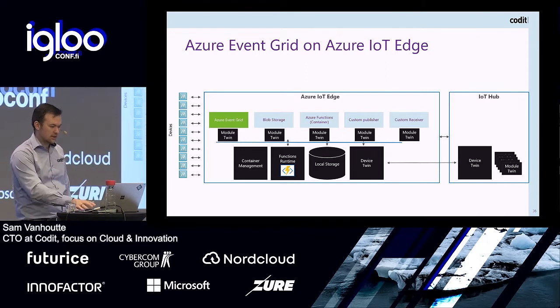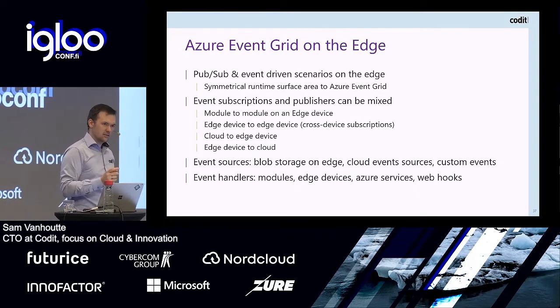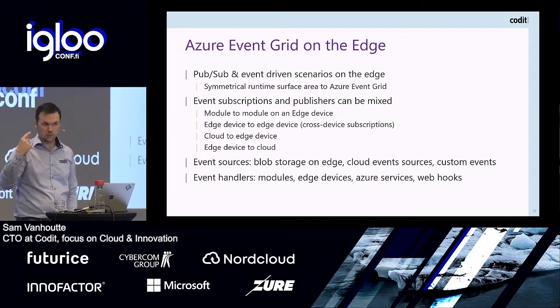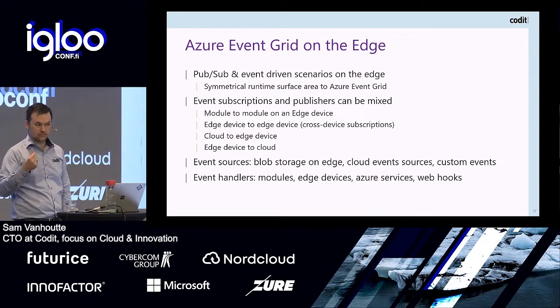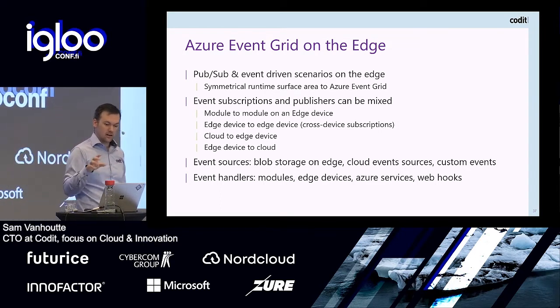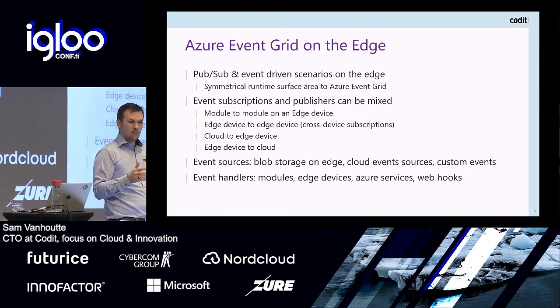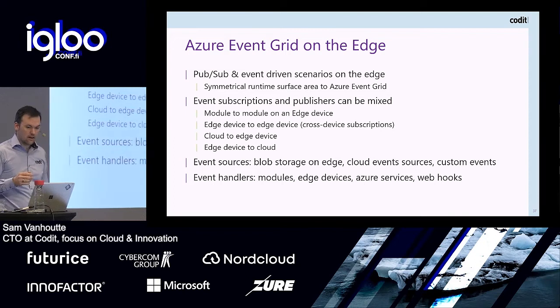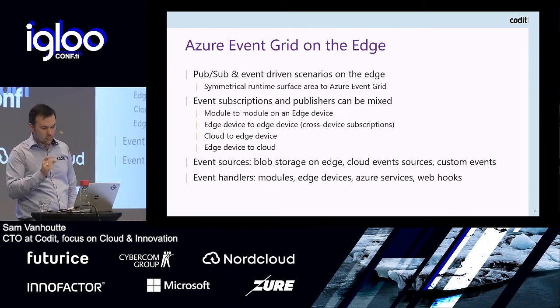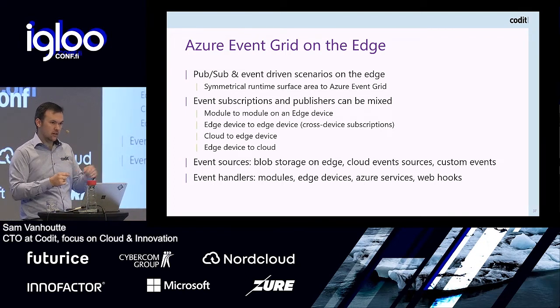Because, that's the nice thing, Event Grid on the edge is really symmetric, so if you want to send events and publish events on the edge, you just use the same logic, the same DLLs, the same HTTP endpoints and so on. But you can have a mix between module-to-module communication, and that's where I still would use the IoT Edge standard logic.